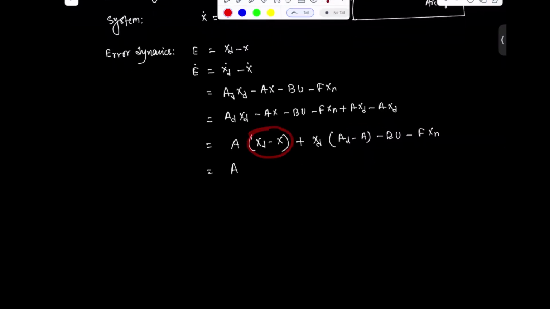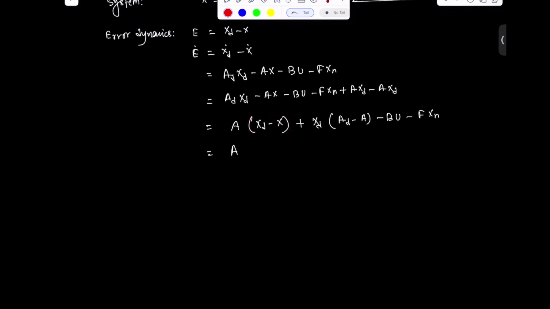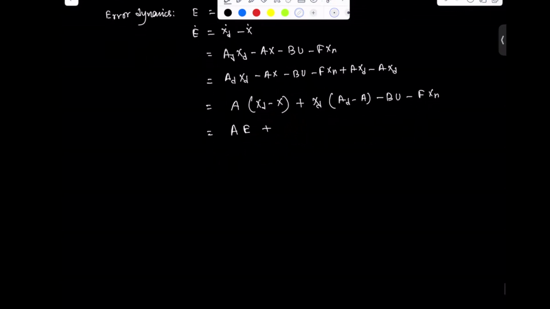So instead of this xt minus x, we can write e here, plus AD minus A xt minus Bu minus f xn.